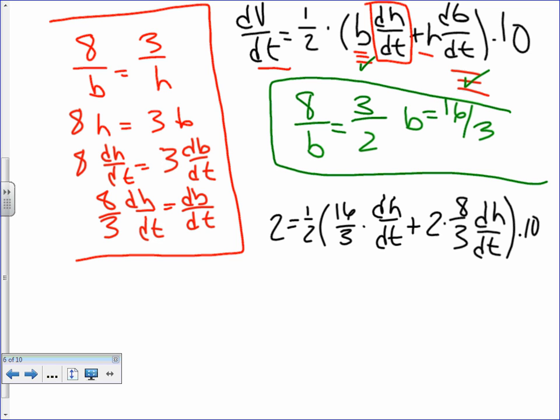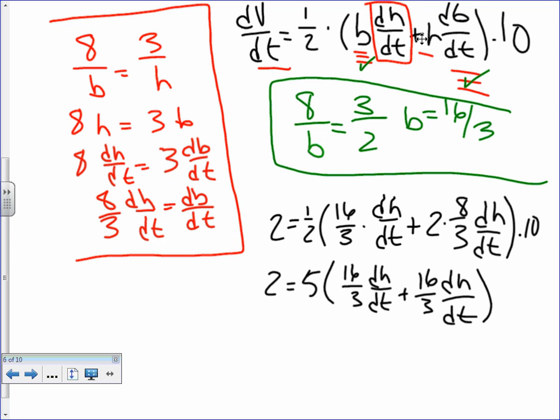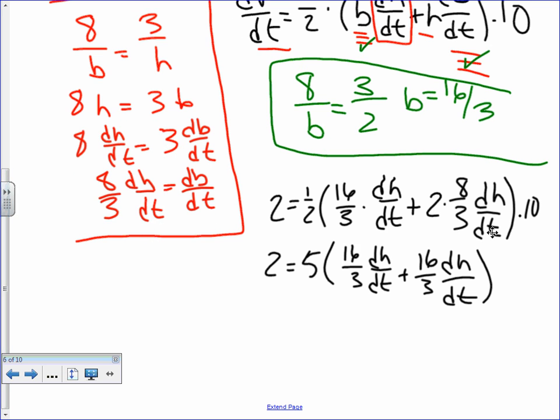Okay, cool. So I've got 2 equals, I'm going to do the 1/2 times 10, 5, and then I've got still 16 thirds dH dt, plus this one becomes 16 thirds dH dt. Let's get rid of the 5 to the other side and do some combining as well.